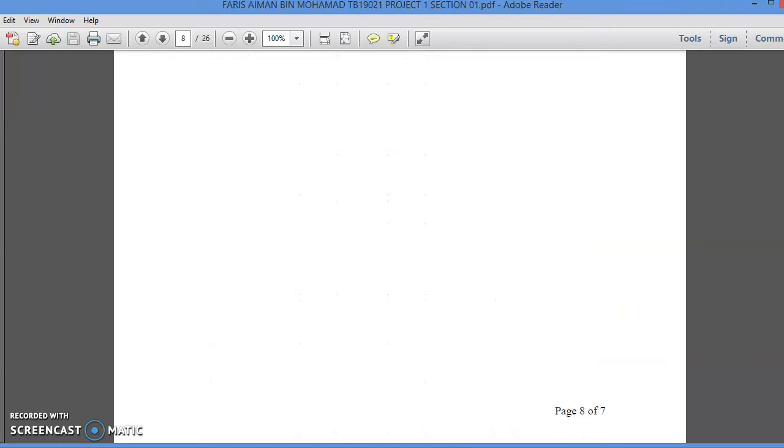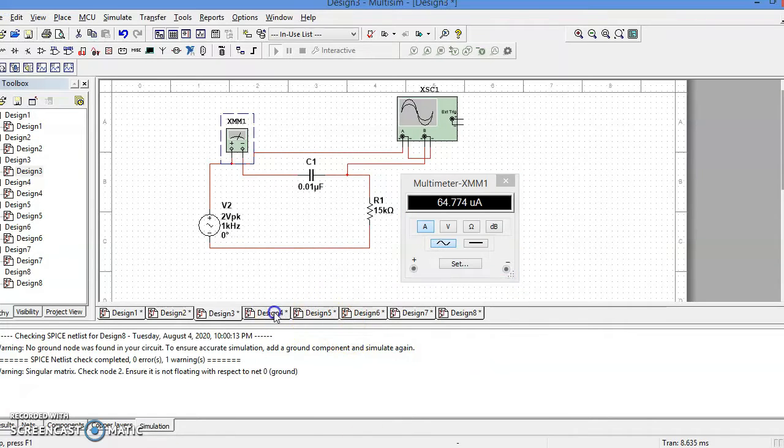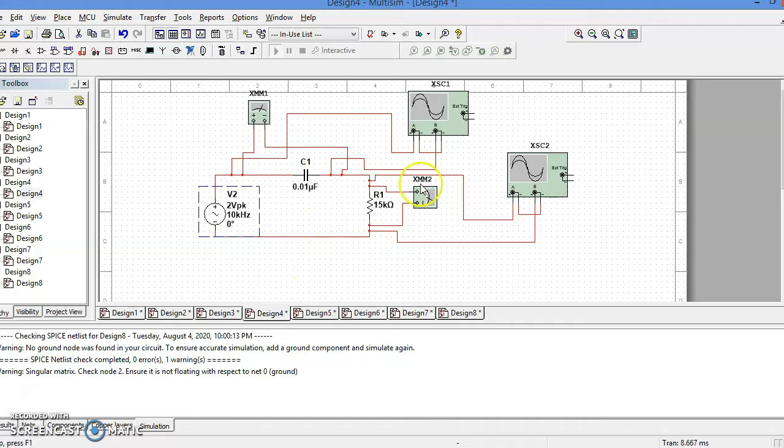Next, for the frequency of 10 kHz, the voltage for capacitor and resistor I measured, the circuit was set up like this. The voltmeter was connected in parallel with the resistor and capacitor.